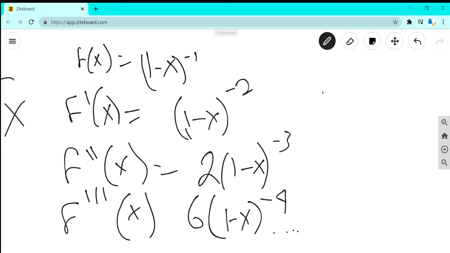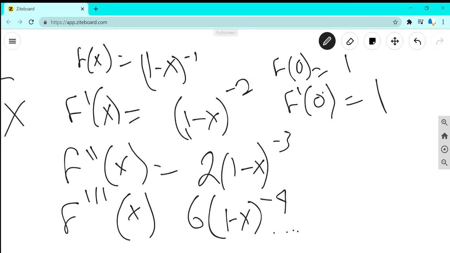Now remember, our Maclaurin series is centered around 0, so we have to plug in x equals 0. So what will we get? f of 0 is equal to, well, we plug in 0 there, that's going to get 1. Now f prime of 0, you plug in 0 there, that's also going to get 1. The double prime of 0, you plug in 0.